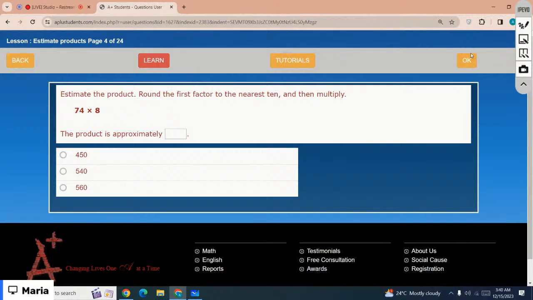Seventy-four is rounded off to 70, and 8 times 7 is 56. So the correct option is 560, right?